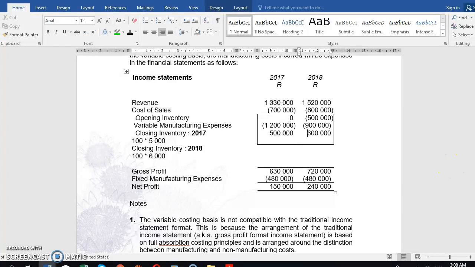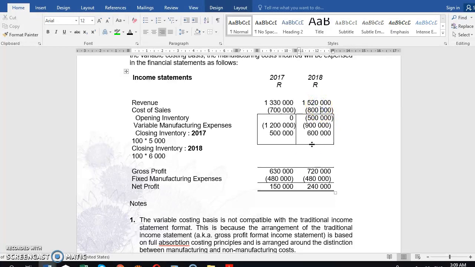How we get to the 6,000 is: if I start with 5,000 in the 2018 year, I manufacture 9,000, so that leaves me with 5,000 plus 9,000, yes, is 14,000. I sold 8,000, that leaves me with 6,000 in closing inventory, and that's 6,000 times 100 Rand per unit, which will give you the 600,000. And if you add up this block, it gives you 800.